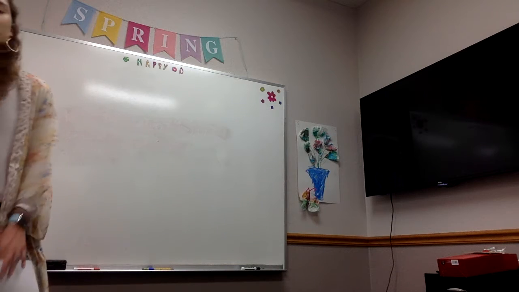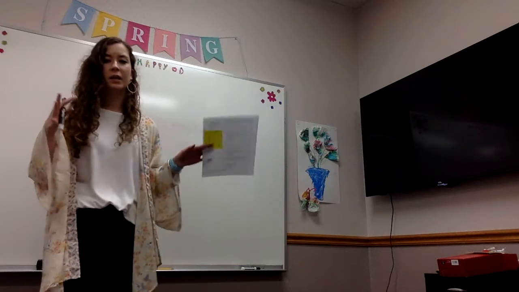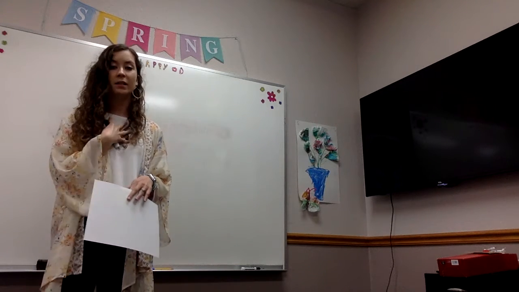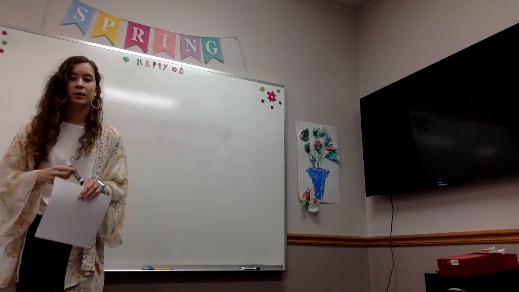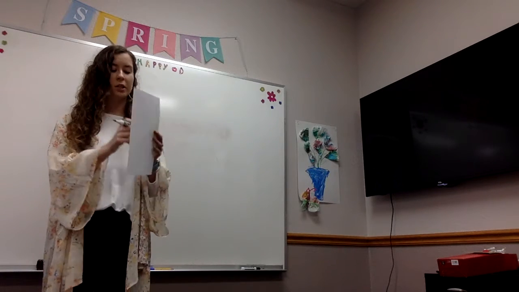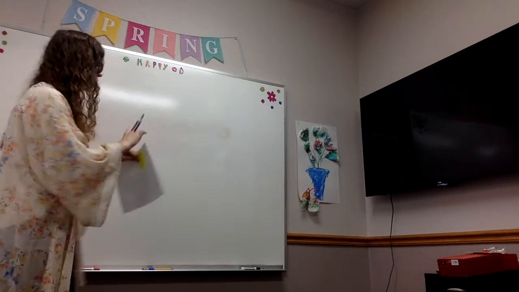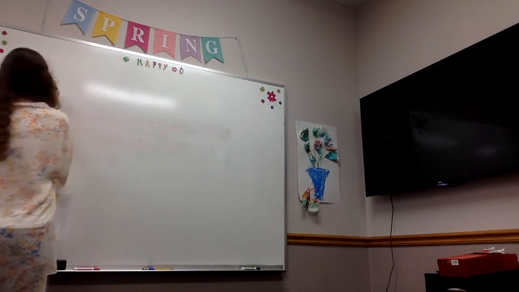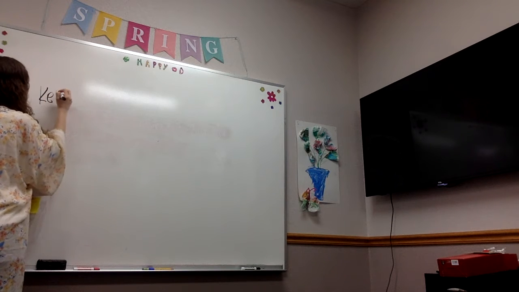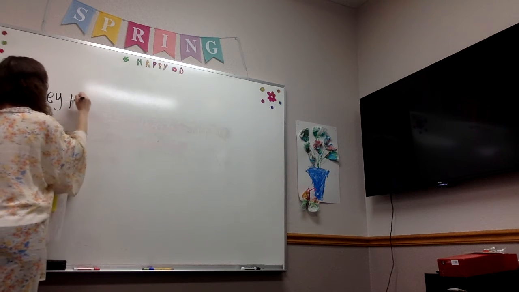Okay. So did anybody see any key points in that video? I know I saw a few. Alright, so I'm going to write some key terms or key points that I saw in the video. Our key terms are going to be very important when it comes to dealing with fractions.